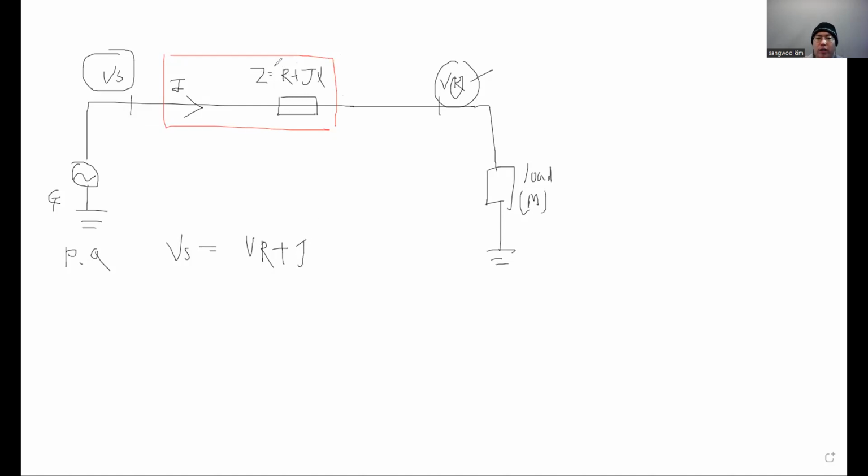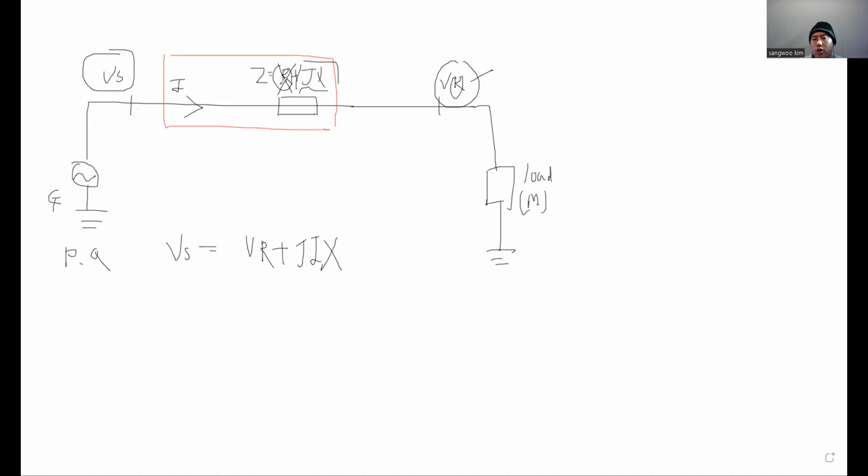In the line, the R is really small. So we just think there's no resistance, like this part. So only we could say jX. Compared to these two values, the R part, the real part, is really small. So 90%, 99% is the jX part. So we say jIX.